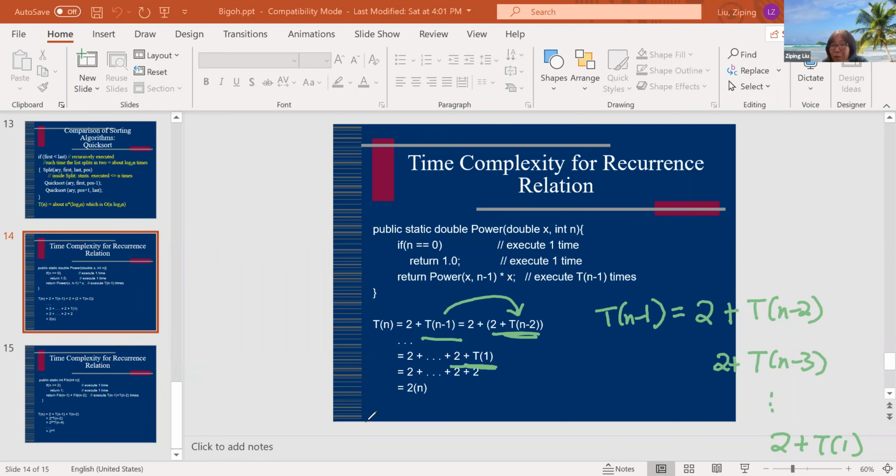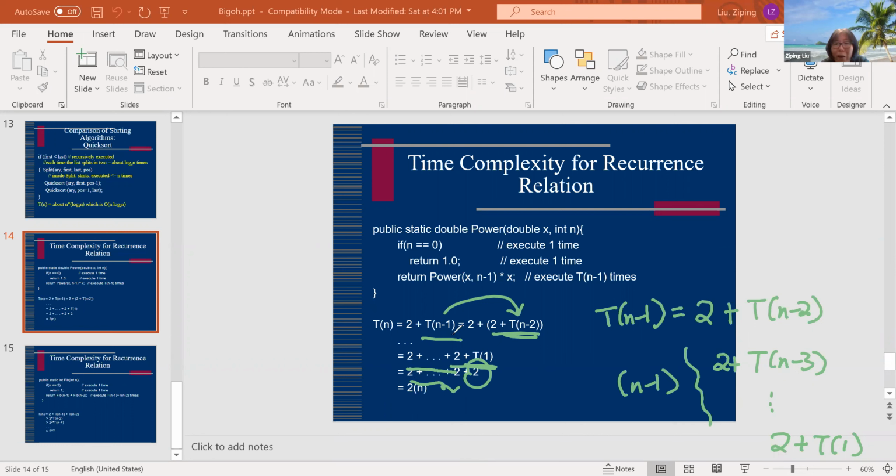That's the last decomposing, but you keep having a lot of 2s. And T(1) is 2. So totally how many times did you decompose, n minus 1? Totally how many 2s do we have?